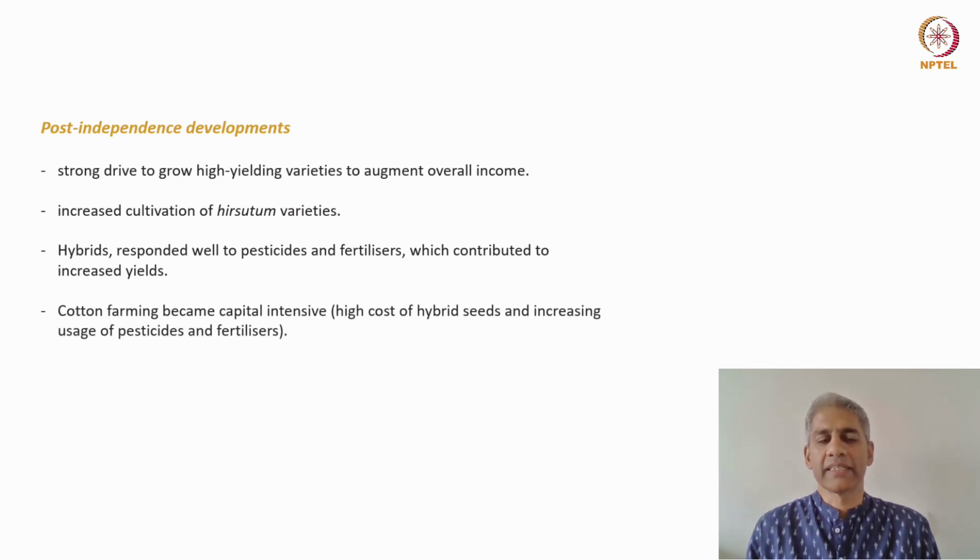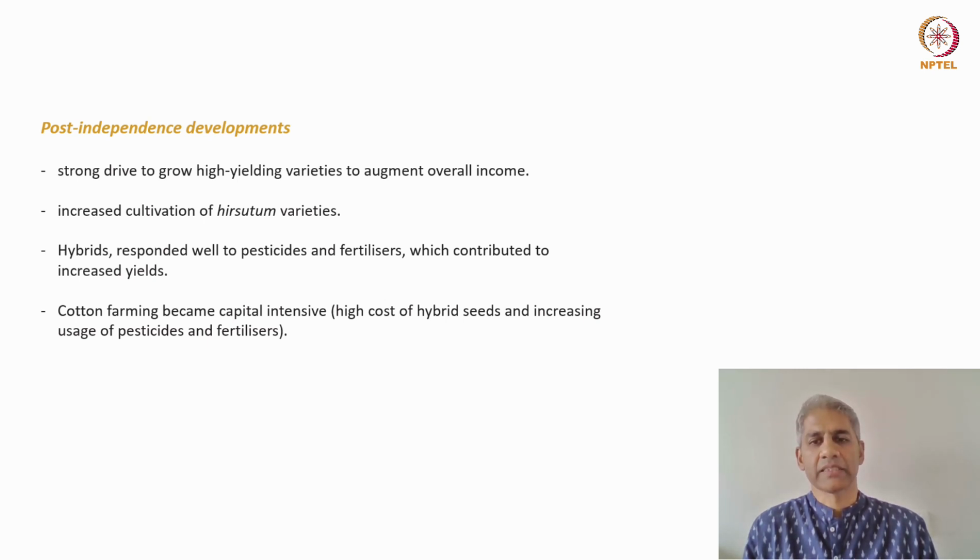But what this did was that it changed the nature of cotton farming. So cotton farming became more capital intensive because these hybrid seeds also cost a lot. And then you also had all these chemical inputs on your farm in the form of fertilizers and pesticides. So the farming of cotton became very capital intensive.